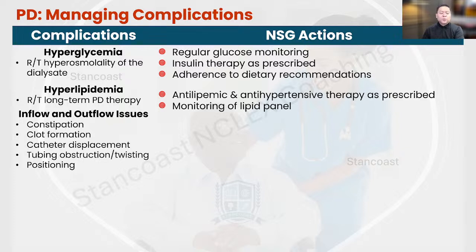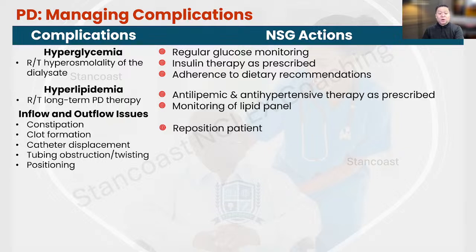Now, we can do some troubleshooting here, and this is something that we can teach our patients. First things first, we can allow them to reposition, maybe shift their position from one side to the next and see if there is any flow after they reposition. And if not, maybe try another position.